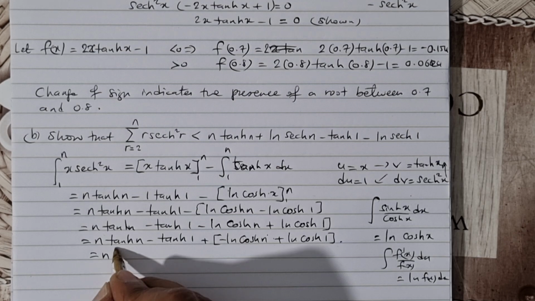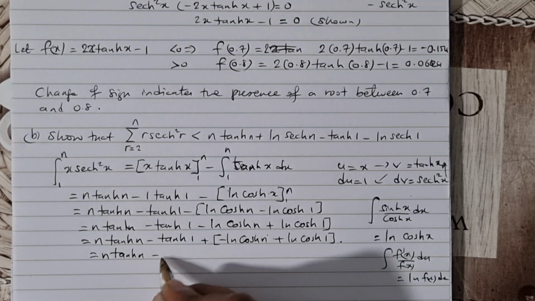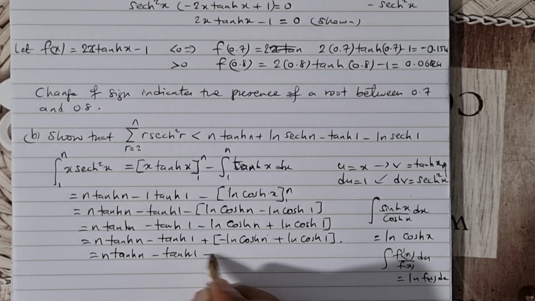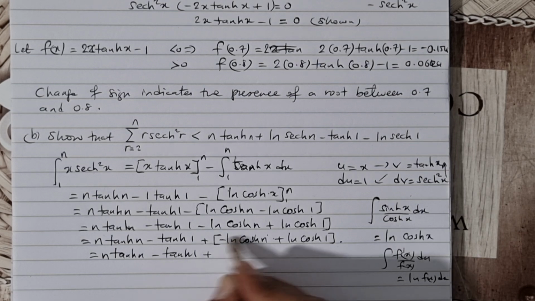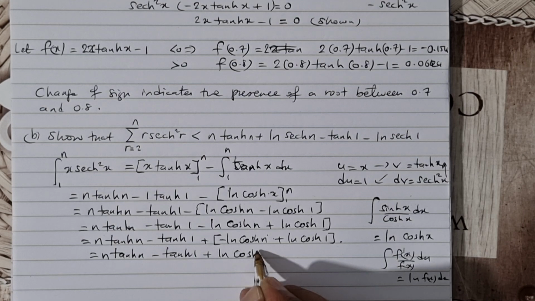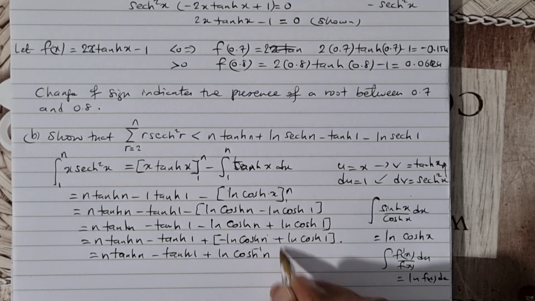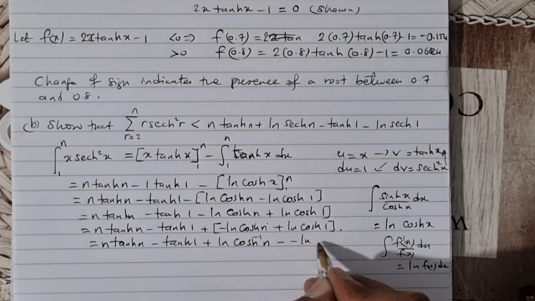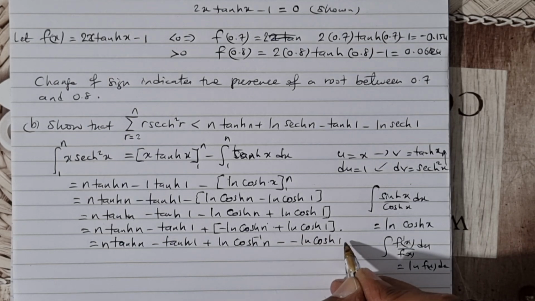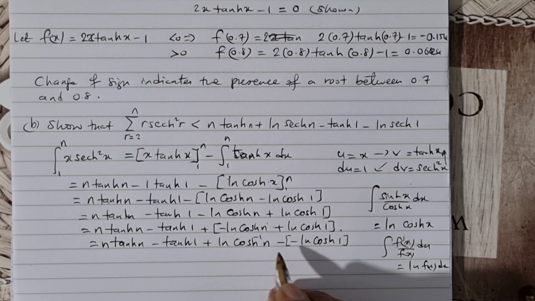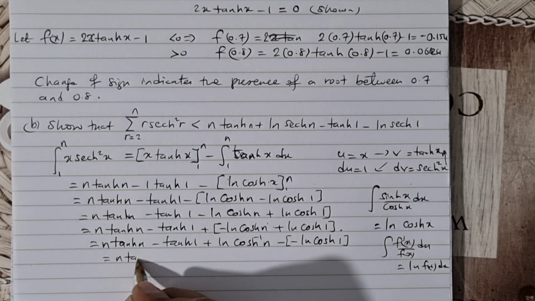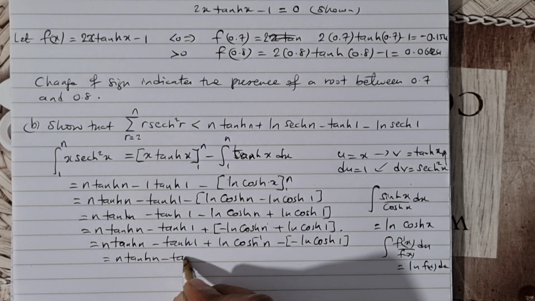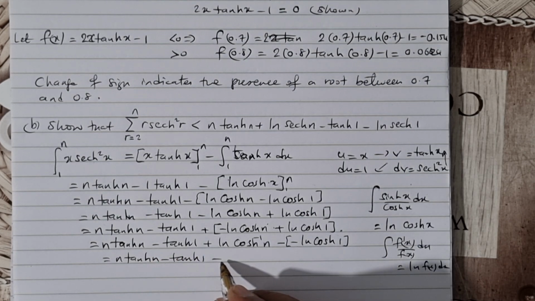Good, so n tanh n minus tanh 1, plus this one, using the law of logarithms, I have ln cosh inverse n. The plus can turn into a minus, and I can put a minus ln cosh 1 inside, because minus minus becomes plus again. All right, so let's copy that again. Got to be very fast in the exams.